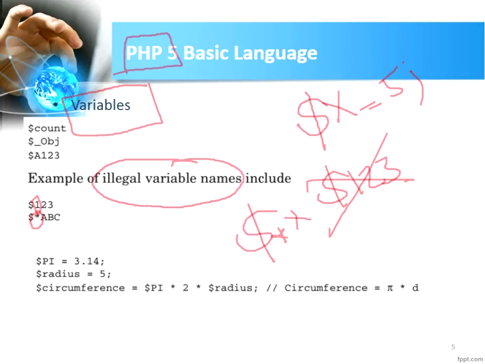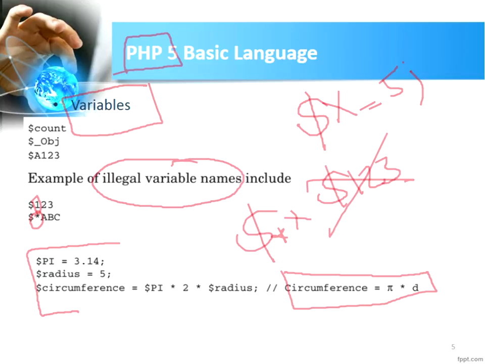This is an example of PHP code, and in this example we want to calculate the circumference of a circle. The circumference of a circle equals pi multiplied by the diameter. In this example we have 3 variables: pi, radius, and circumference.